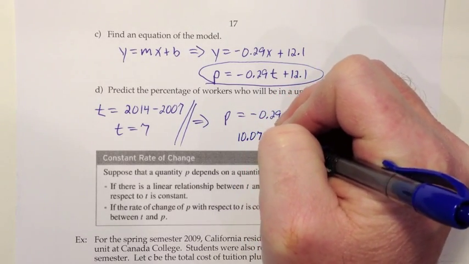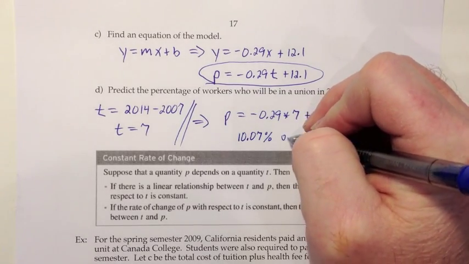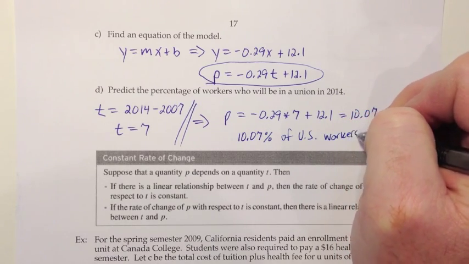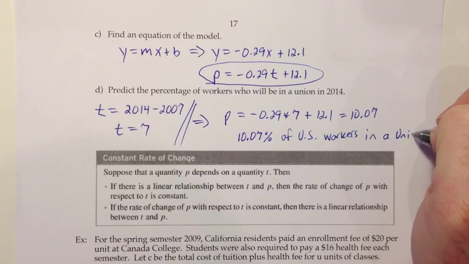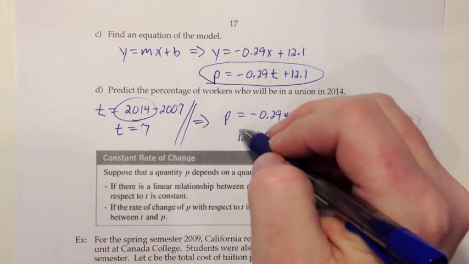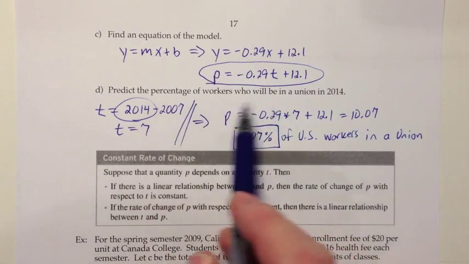And I think it would be good to say what that means too. So 10.07% of U.S. workers are in a union. And of course that would be in 2014.